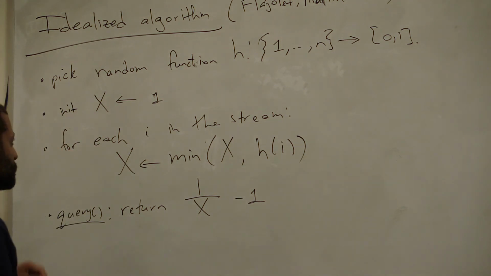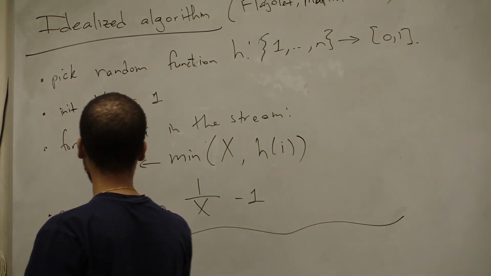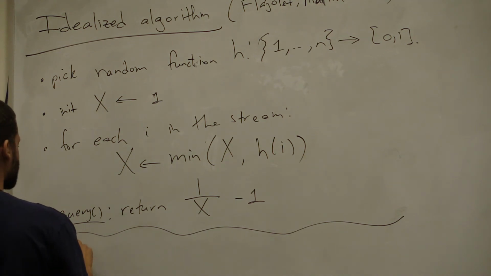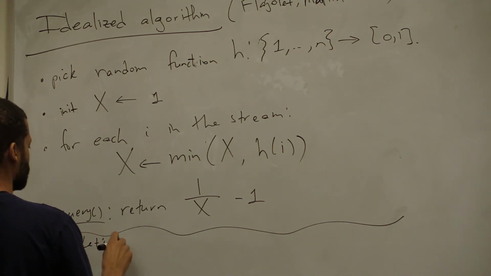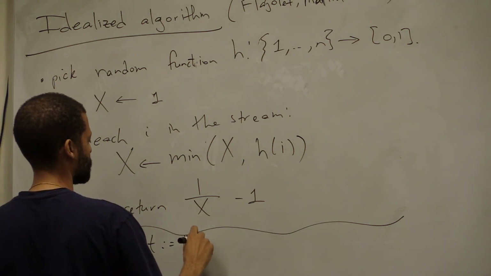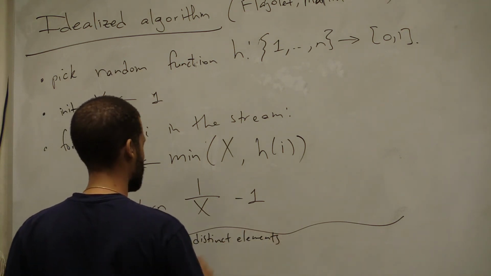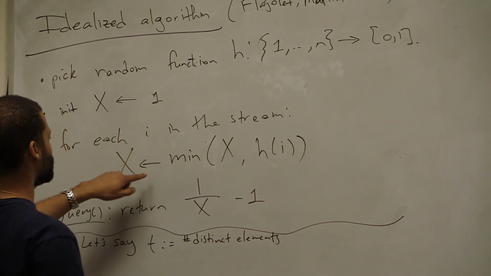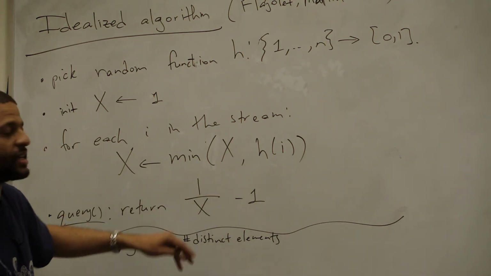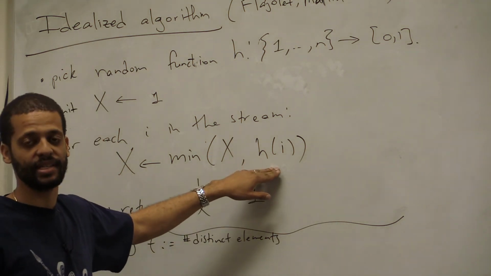Now, before we analyze this rigorously, I want to give you an idea of what's happening. Let's say T is the actual number of distinct elements. We're keeping track of the smallest of T random numbers: h of the first element, h of the second, up to h of the Tth distinct element.